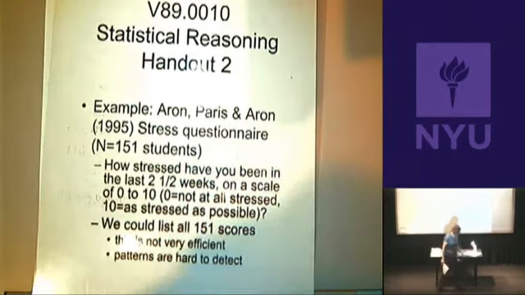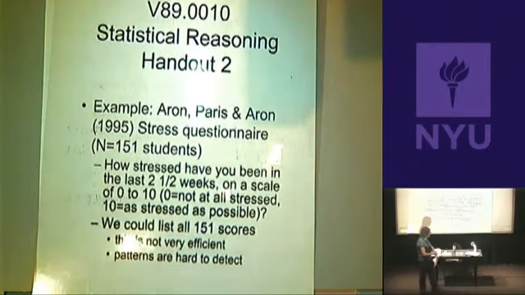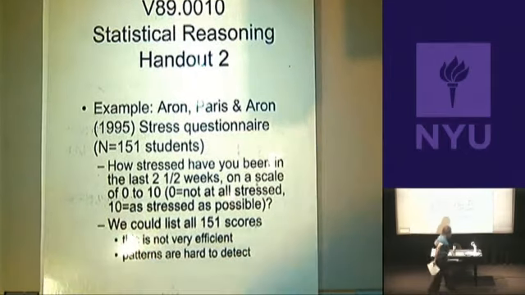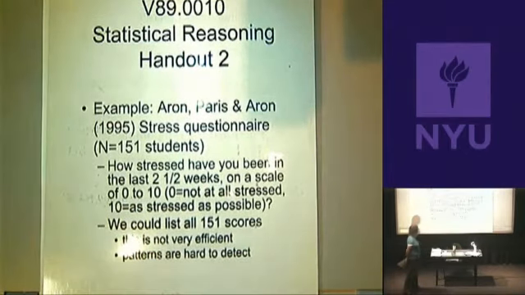Let's look at our first example here. Aaron, Paris, and Aaron in 1995 gave a stress questionnaire to 151 students. Examples of the questions were things like, how stressed have you been in the last 2.5 weeks on a scale of 0 to 10? 0, not stressed at all. 10, as stressed as possible.